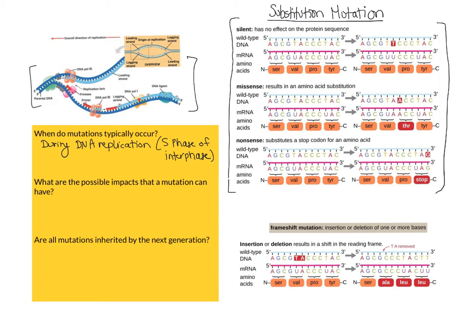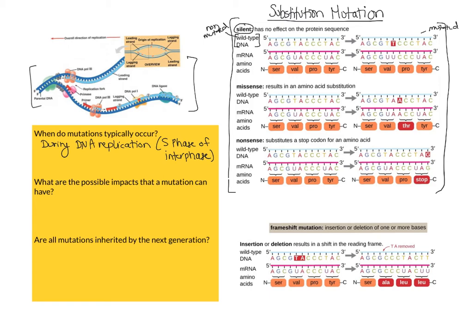So I'm going to use these three different parts of this figure. But first, a quick overview of how to interpret this. We're going to first talk about a silent substitution mutation. For each of these, you're given a wild type DNA, which is just the non-mutated DNA sequence, and then you have a mutated sequence.